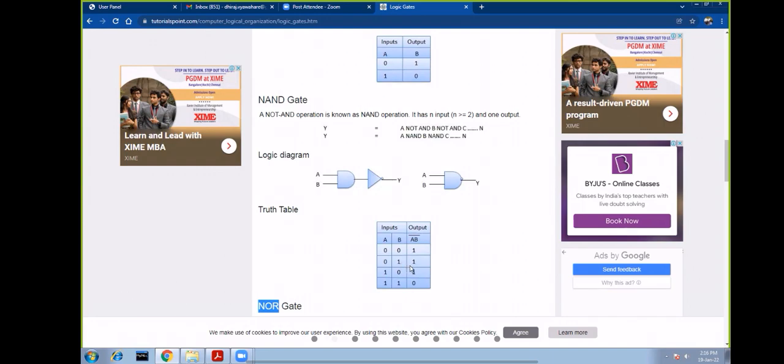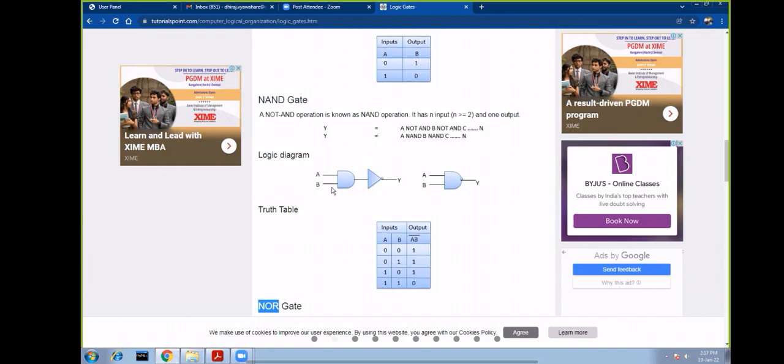It is 0. But as it is a NAND gate, it is represented as 1. Why? Because we have just put the NOT gate here. 1 0 is 0 in the AND gate, but that is passed through this NOT gate. Whatever the input, that gets reversed in this NAND gate, so it will be represented as 1.